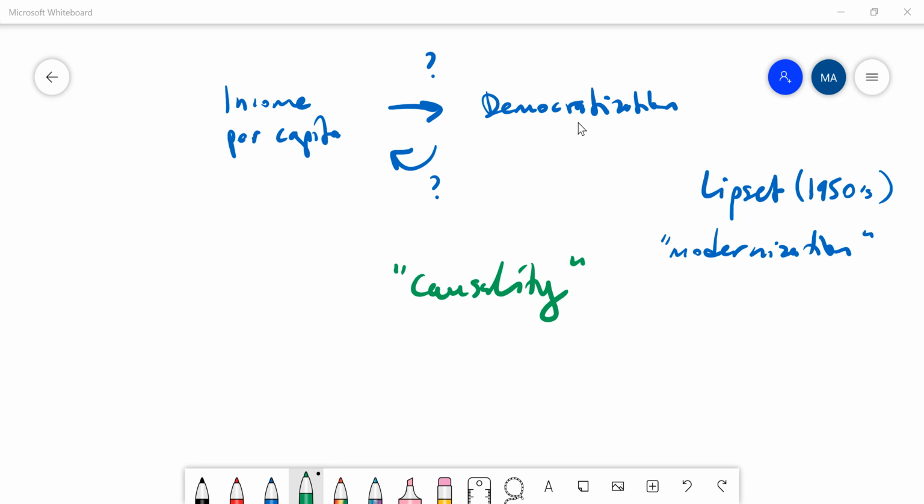My inclination is to see the causality mainly running from institutions to income per capita, but I'm not totally disregarding the modernization hypothesis, because the argument is that in an economy that gets richer and richer, people are also getting more educated, and modern life becomes more stable.